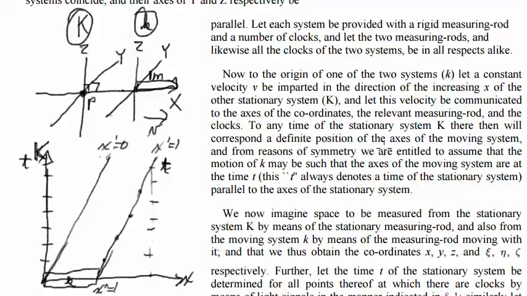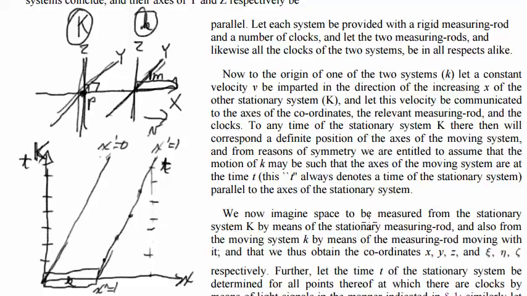There will correspond a definite position of the axes of the moving system, and from reasons of symmetry, we are entitled to assume that the motion of k may be such that the axes of the moving system are at the time t parallel to the axes of the stationary system. So this axis and this axis are still parallel, and the z-axis here and the z-axis here is still parallel.